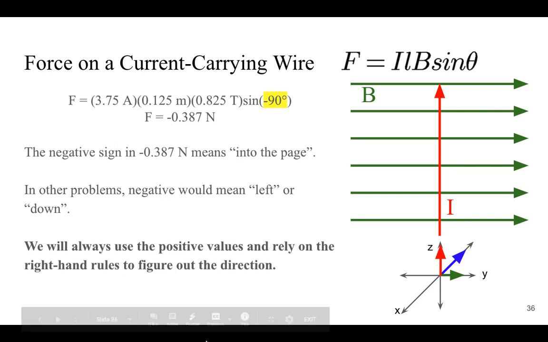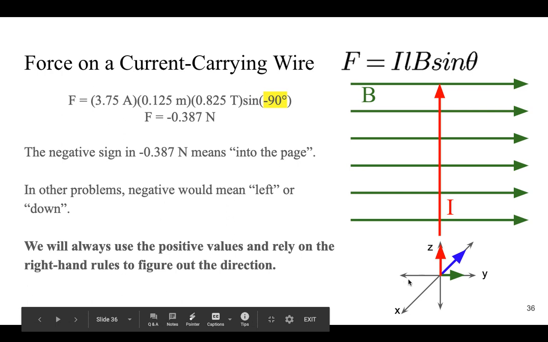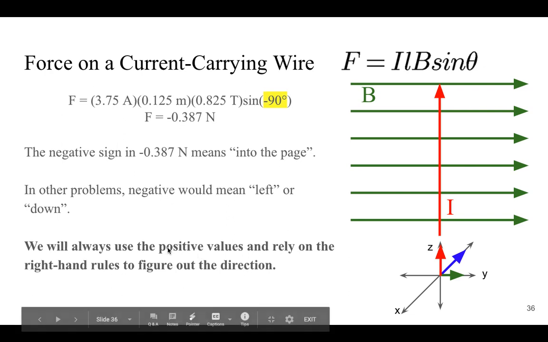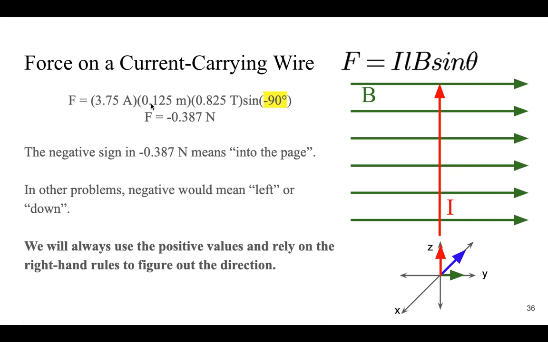So if you look at the XYZ axes here, we got a force negative, meaning in this case it's going into the page. Sometimes negative will mean left, sometimes negative will mean down, but in this case, our right-hand rule told us it was going into the page. So let's just always use the positive values. I mean, pay attention to the directions of things, but use the positive values and use the right-hand rules to figure out the directions of things.